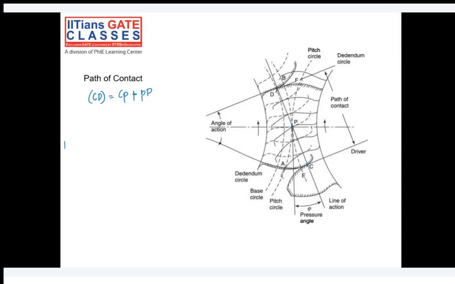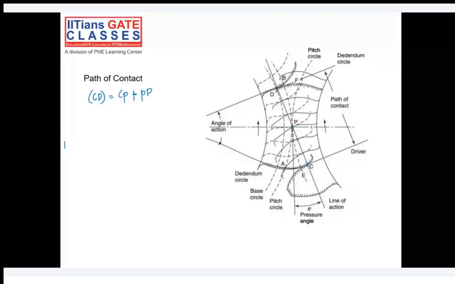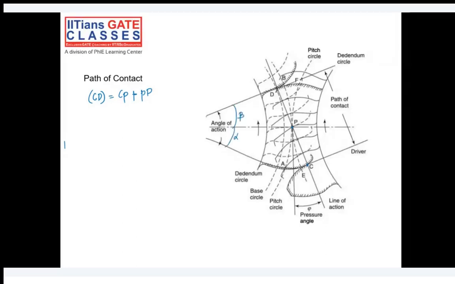Alpha is the angle of approach and beta is the angle of recess. The overall angle is delta in this case, and phi is the pressure angle. So basically, using this phi itself, we have a relationship, and that I'll give.